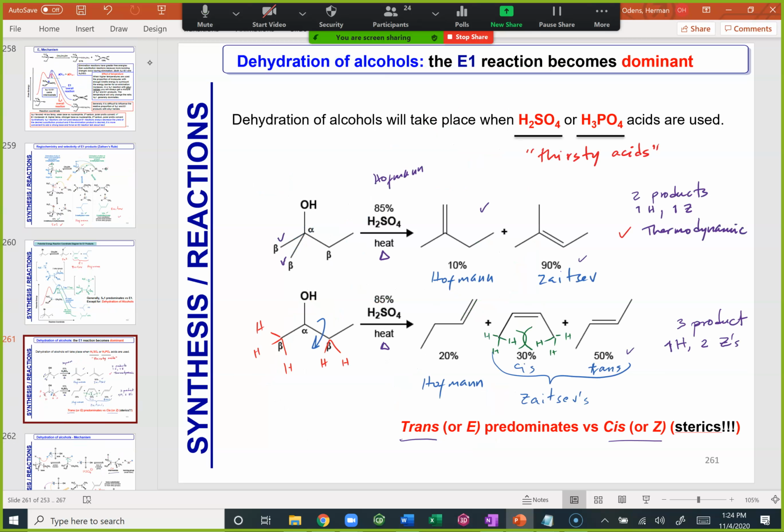All right. So the dehydration of alcohols is when the E1 beats the SN1. It's the only time. And so when you have a strong dehydrating acid like sulfuric or phosphoric acid, they're going to dehydrate. So I call them the thirsty acids.